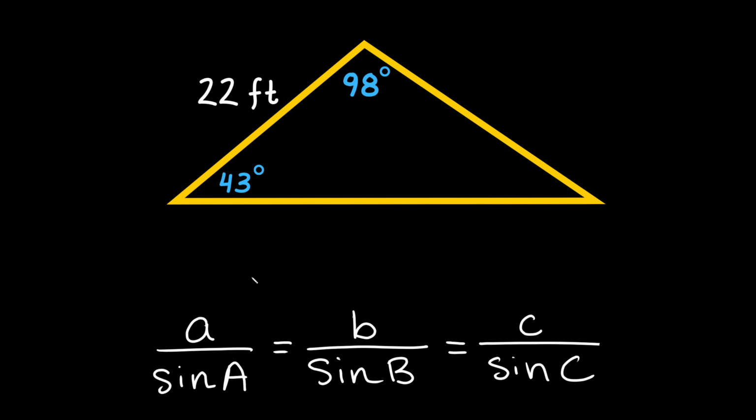So the first thing that we have to do here is actually label our triangles. We want to label the three vertices or angles and also the three sides, right? So the first thing I'm going to do here is call this angle A, we'll call this angle B, and we'll call this angle C. All right, the next thing we're going to do is label all the sides.